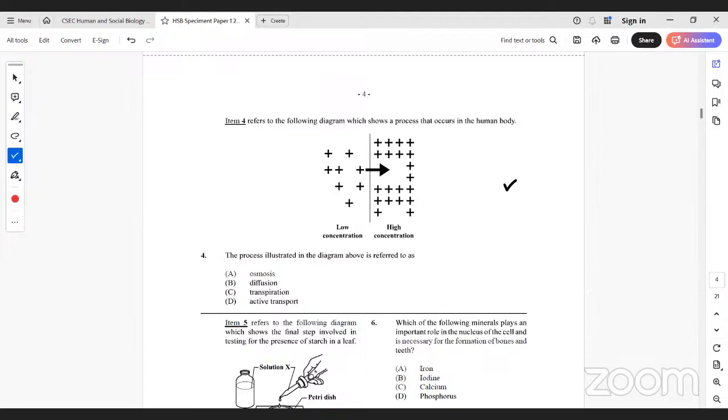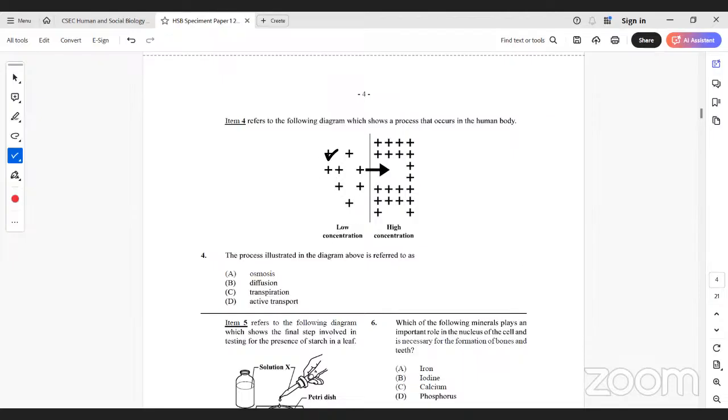Item 4 refers to the following diagram, which shows a process that occurs in the human body. The process illustrated in the diagram above is referred to as, what is it referred to as? We have a low concentration.